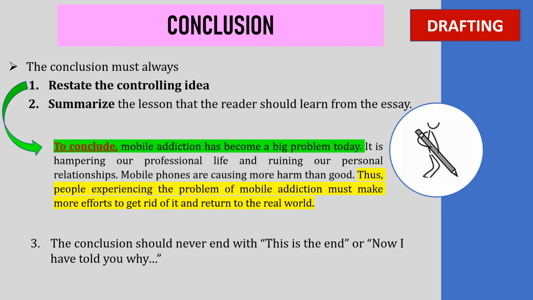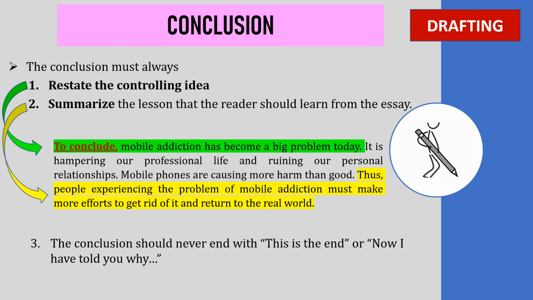In the introduction, we said mobile addiction is a growing concern. Here we restate it, we say it in other words, and we say mobile addiction has become a big problem today. It's the same idea but just paraphrased.